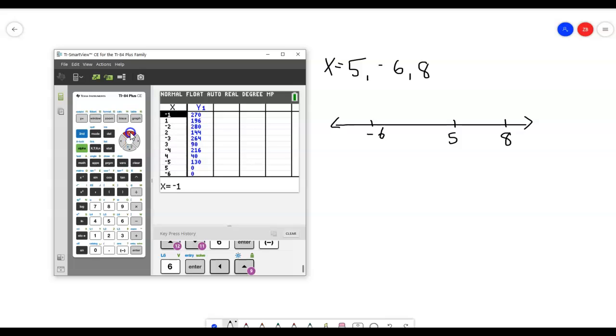We can use the same exact table that I used before, and it should change at each one of these. Why? Because my multiplicity is 1, which is odd, which means that it crosses through at each one of these points, because I only have one.